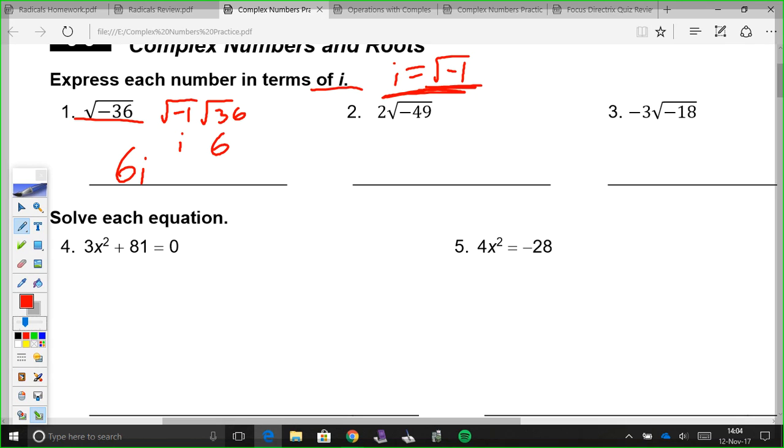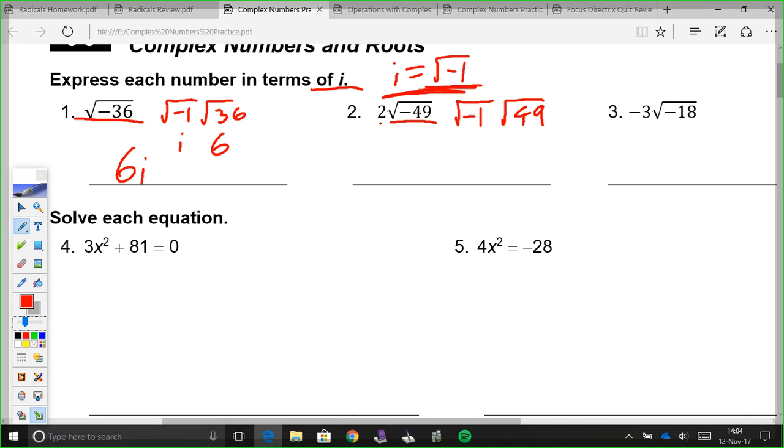In number 2, we're going to do the same thing. I have a 2 that's outside the radical, but let's not worry about that yet. Let's worry about just simplifying the square root itself. So just like the square root of negative 36, what I want to do is separate my negative here from the 49. I had negative 49, but I've separated the negative to make my 49 positive now.